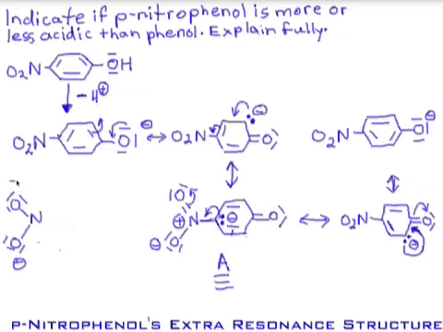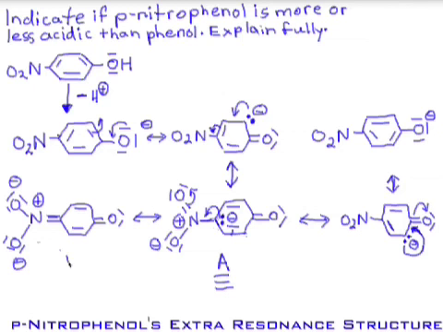Minus on this oxygen, minus on this oxygen. Double bond to nitrogen. Nitrogen has still a positive charge. Double bond to this oxygen. Double bonds here and here.